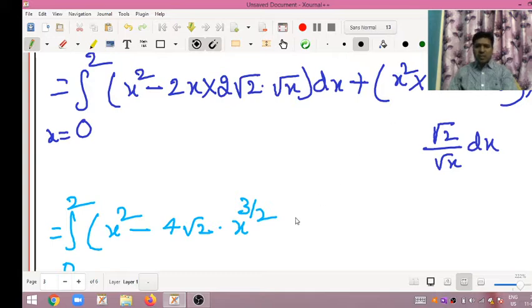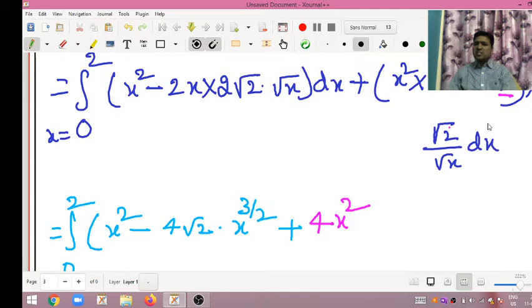Plus again x square into this one: root 2 into root 2, 2 will come, 2 twos are 4, into root x, and root x divided by root x gets cancelled. So 4x square will come for the first term by multiplying.